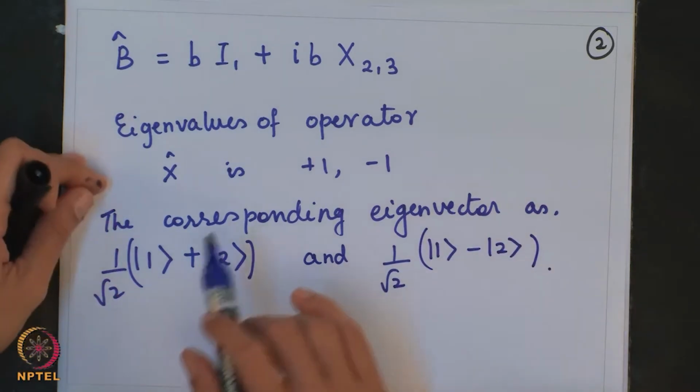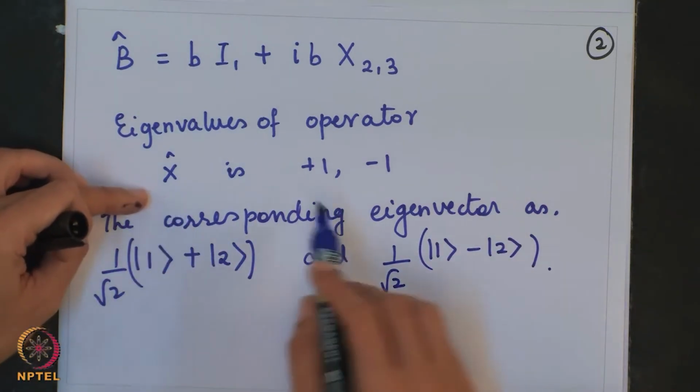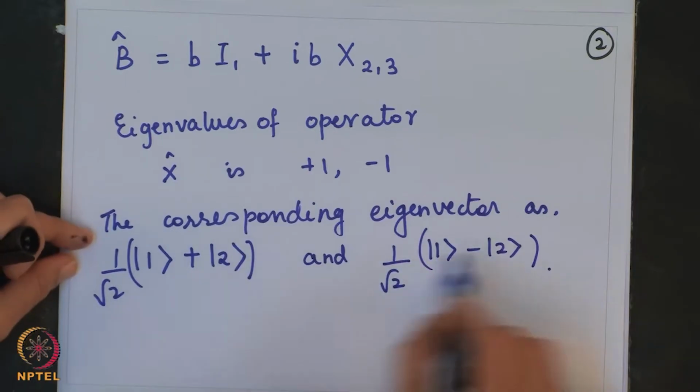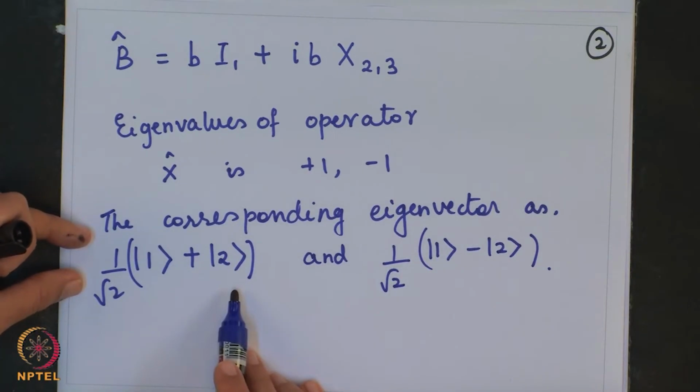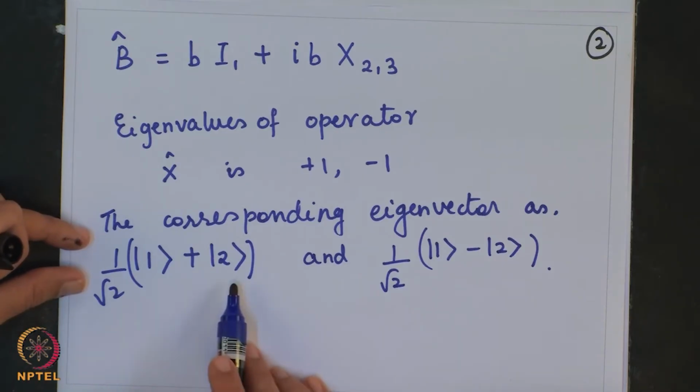Okay. So, for operator X the eigenvalues are plus 1 and minus 1, and the corresponding eigenvectors are given by ket 1 and ket 2. It is very simple.